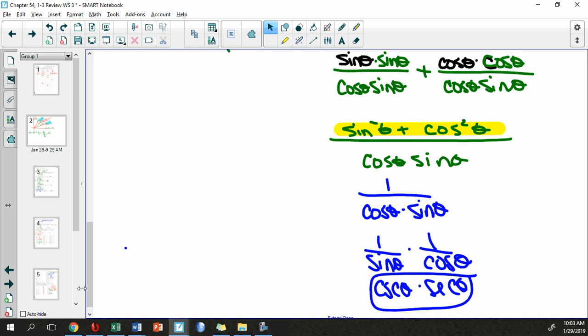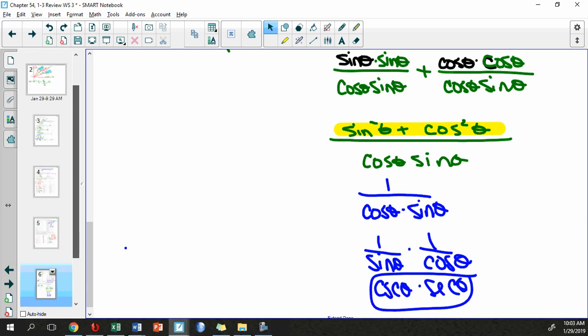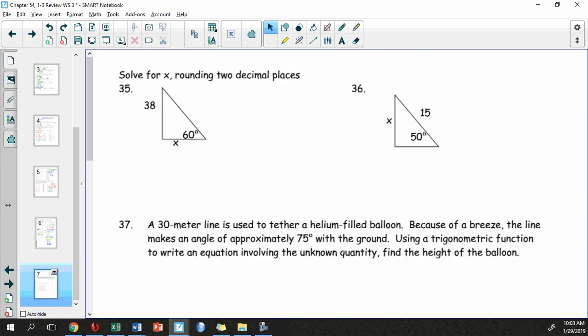Okay, last page. Bell's gonna ring here. We did these in class. These were problems 53 through 56 on page 275. It says solve for x. I give you the inside angle of 60 degrees, and I want you to find the outside measurement leg.